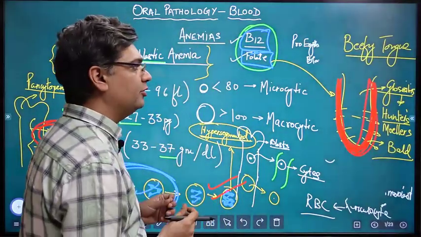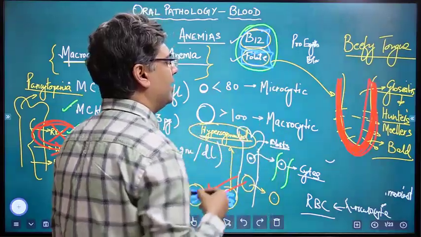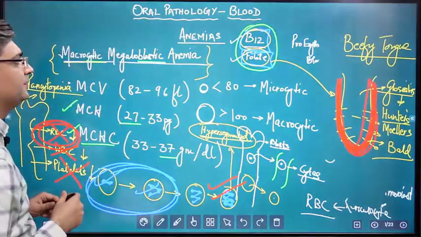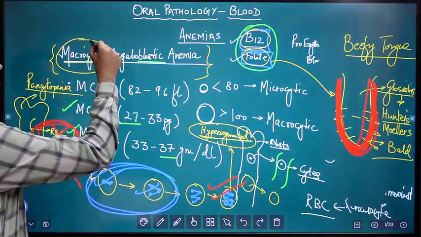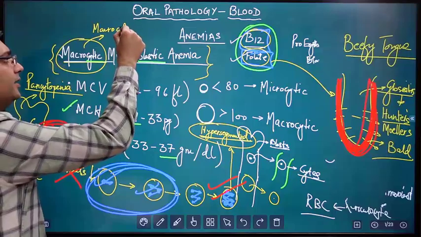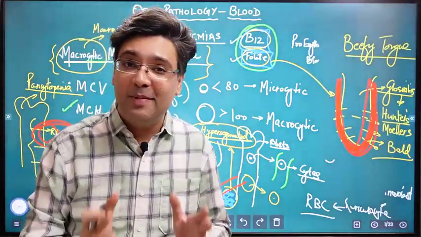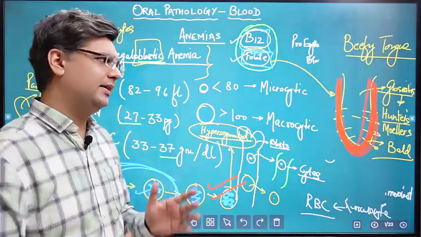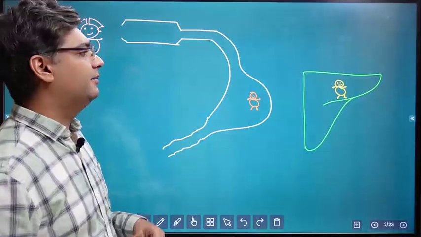This Hunter's glossitis or Muller's glossitis is a characteristic of B12 and of folate deficiency. And the anemia which we are talking about is macrocytic, because the macrocytes are in the circulation, and it is called megaloblastic because even the blast cells of the bone marrow are immature and bigger in size. Now the question arises, this is the whole problem, the RBCs are immature and they have become bigger.